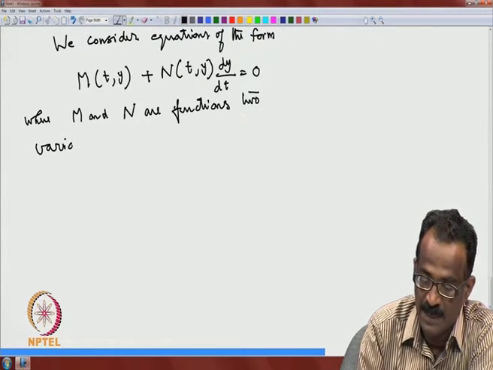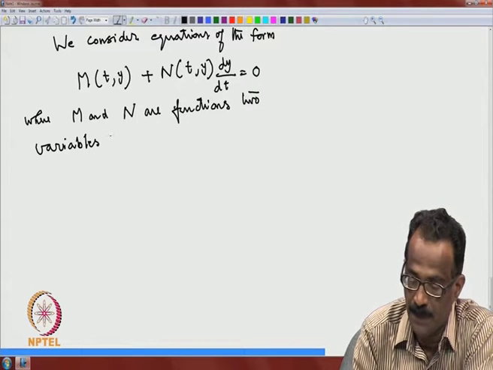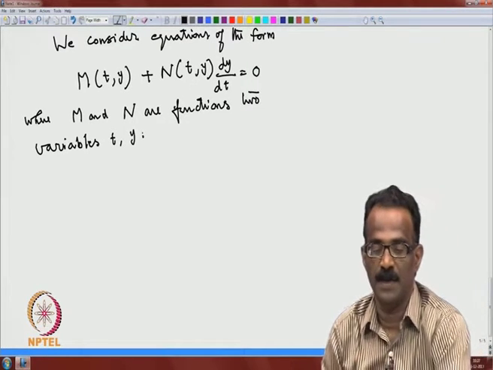It is defined on some domain in the t y plane, which we will define.